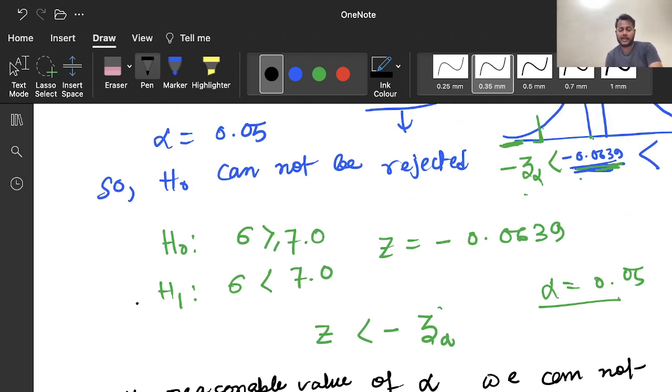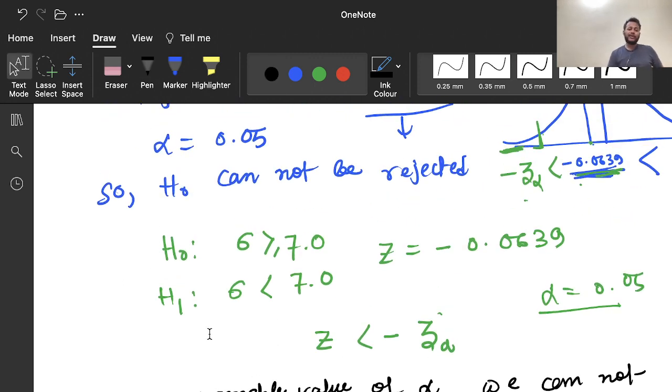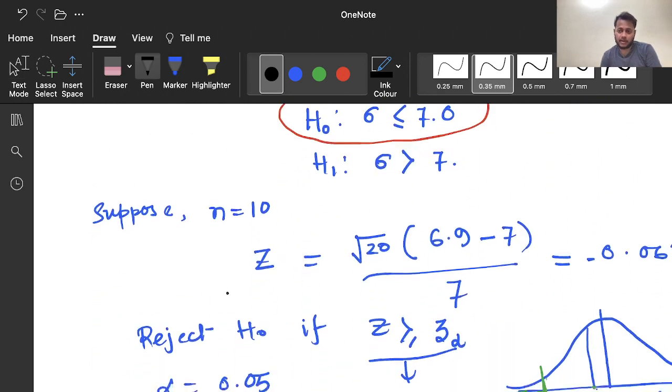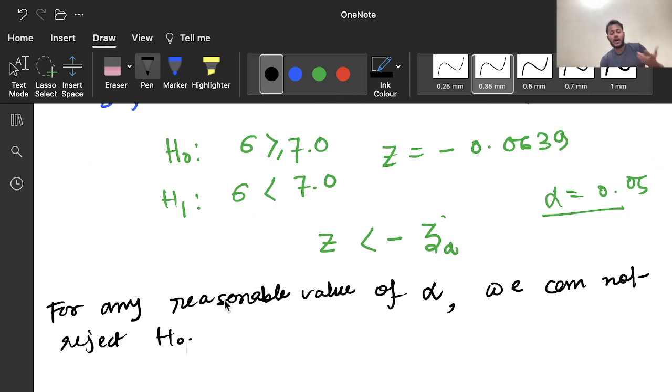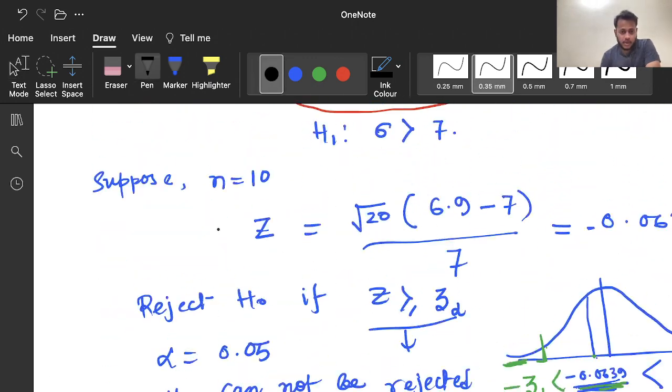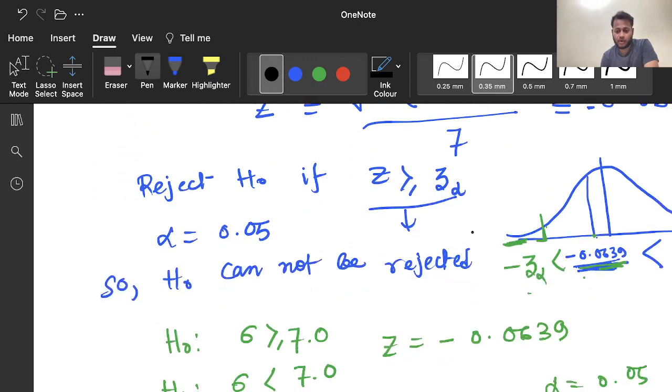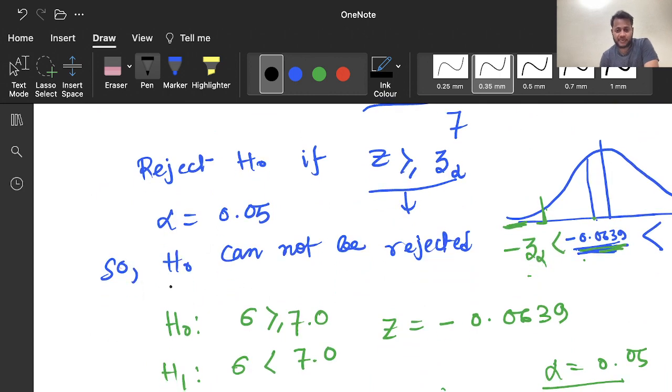So you see that when we change our null hypothesis, our conclusion will differ from the first.